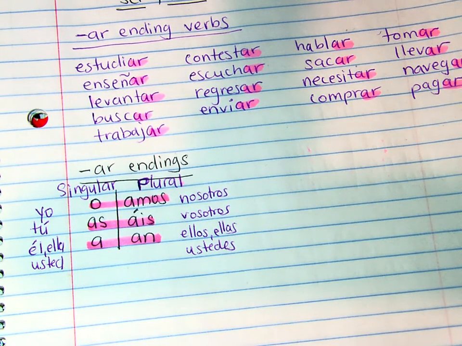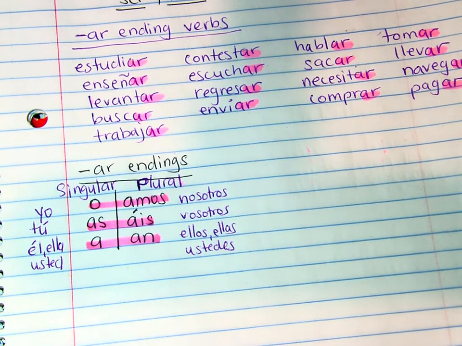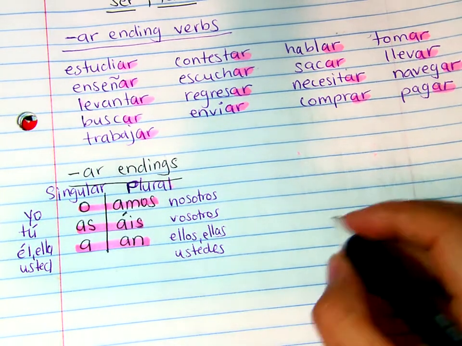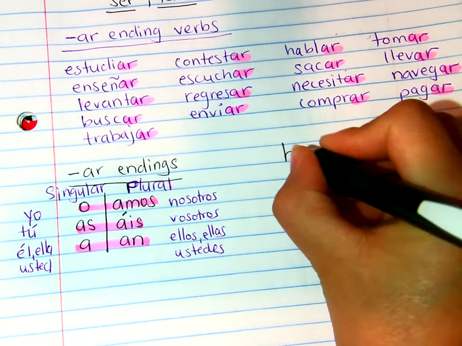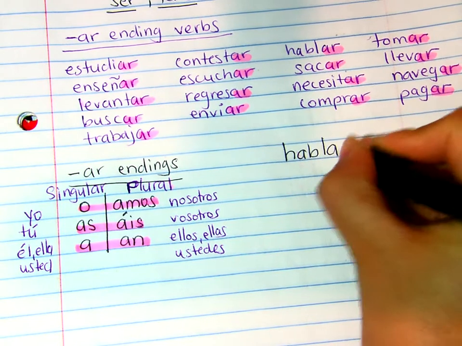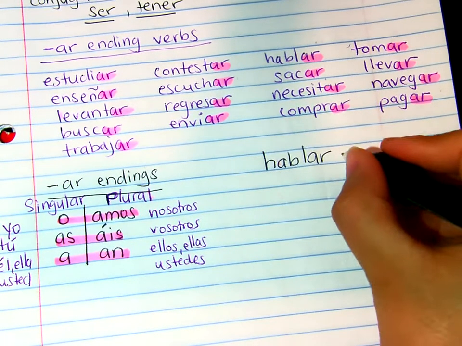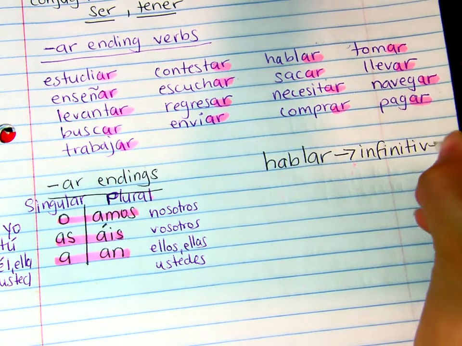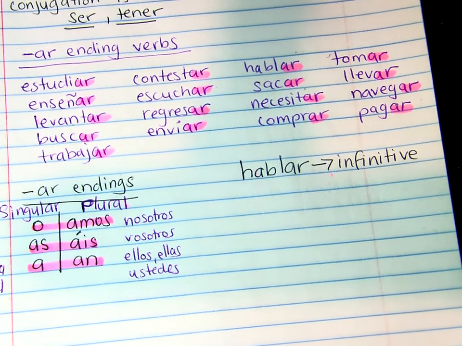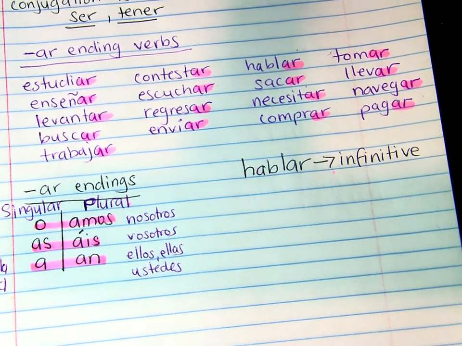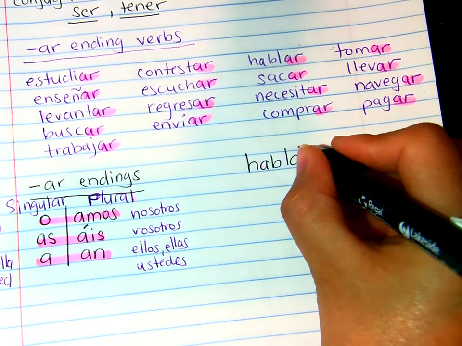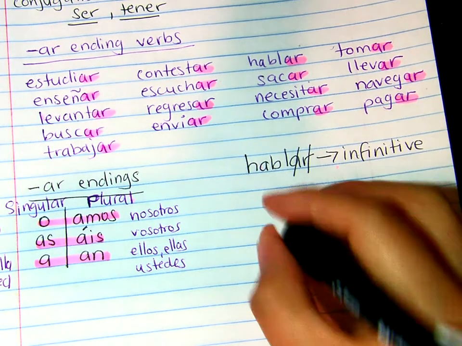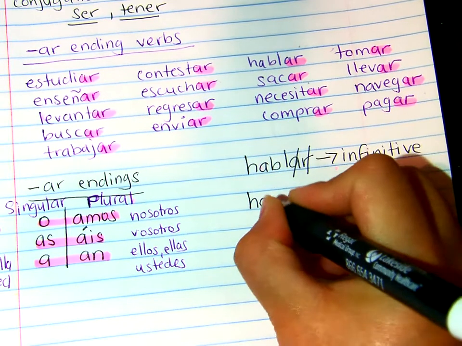All right, what do you do with these endings? Okay, let's say we have the verb hablar. Hablar. Well, right here, it's the infinitive. No change to it yet, right? To say that I am speaking, I'm going to drop the AR. I'm going to take that away, and I'm going to be left with this.